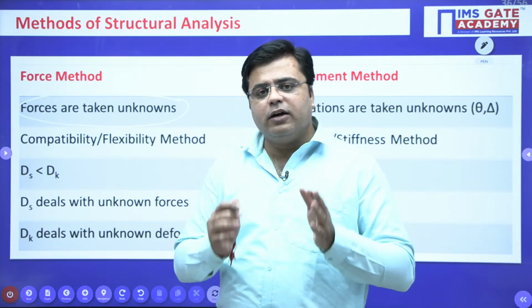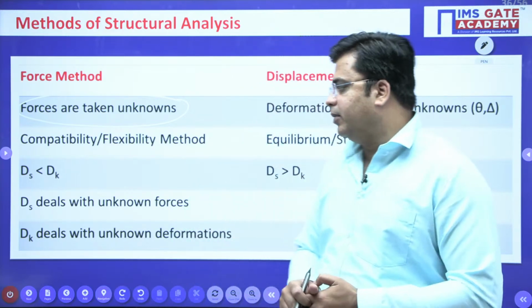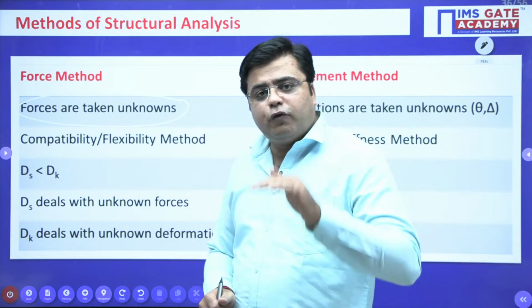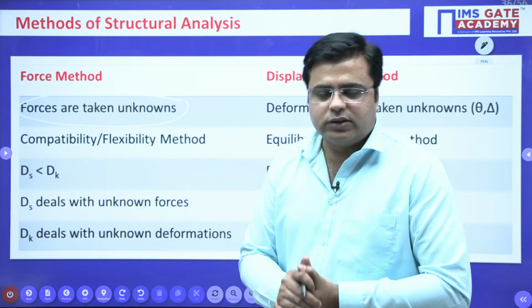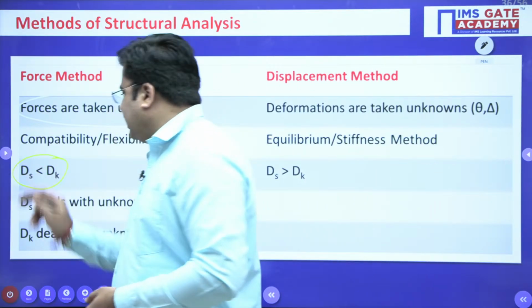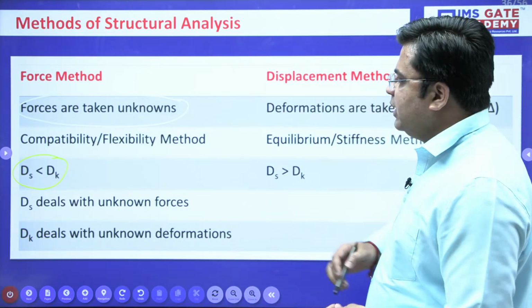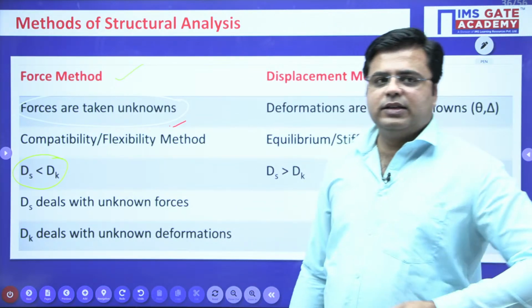If your degree of static indeterminacy is less than your degree of kinematic indeterminacy, it says that your number of unknown forces is less compared to the unknown deformations. So whenever it is less, you can easily say, sir, we are going to use the force method for analyzing this structure.